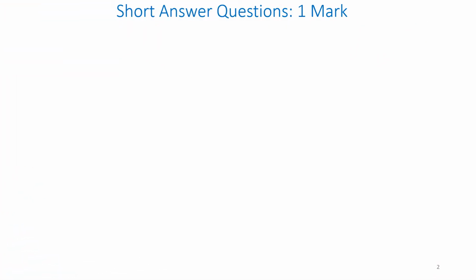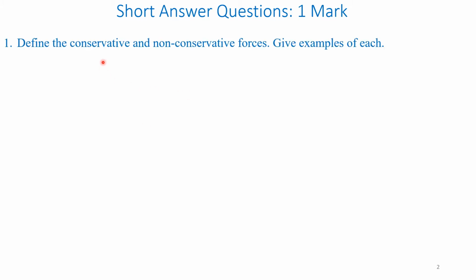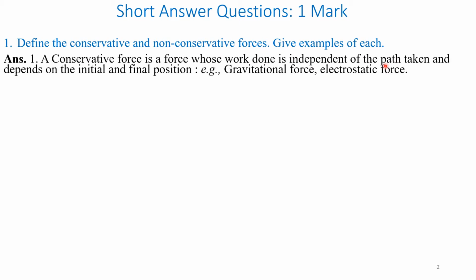We'll start this with short answer questions of mark 1. Define conservative and non-conservative forces. Give examples of each. Answer. A conservative force is a force whose work done is independent of the path taken and depends on only the initial and final position.